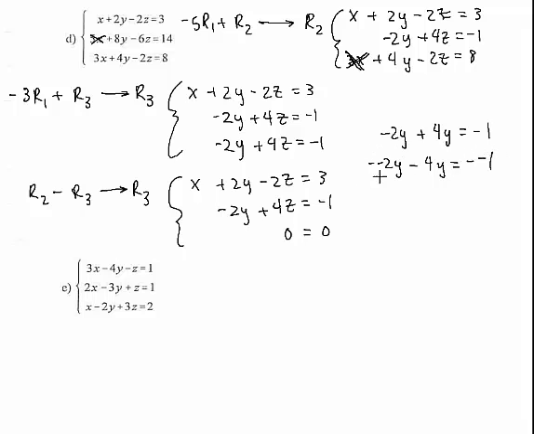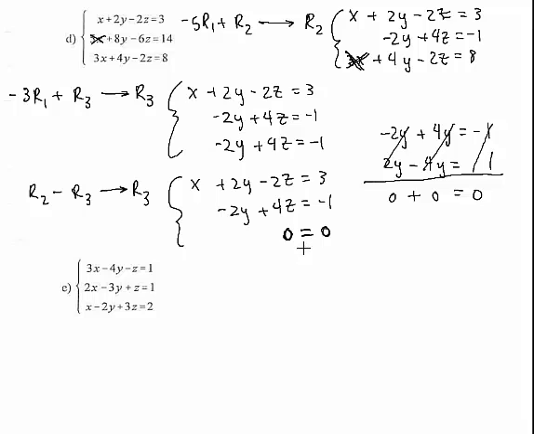This is row 3 times a negative. The minus minus is plus, and when we add these, everything cancels out and gives us 0 plus 0 equals 0. No need for two zeros here. In the third line, we put 0 equals 0.